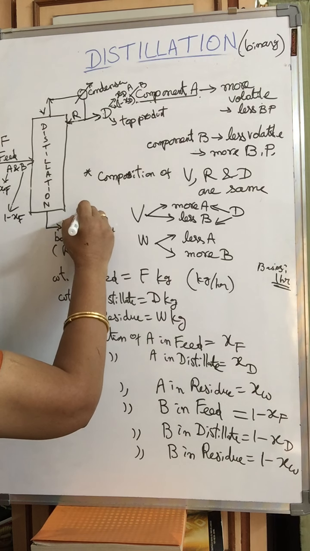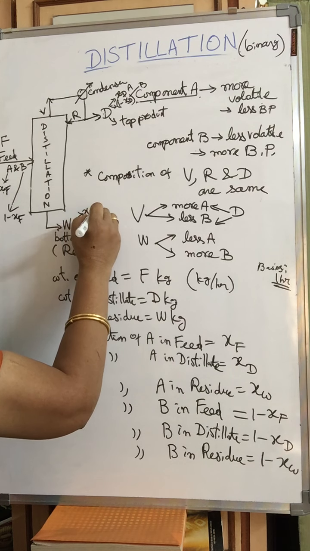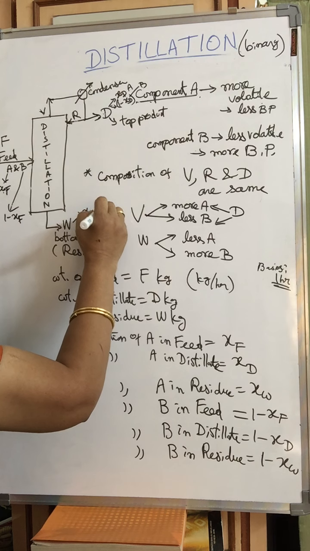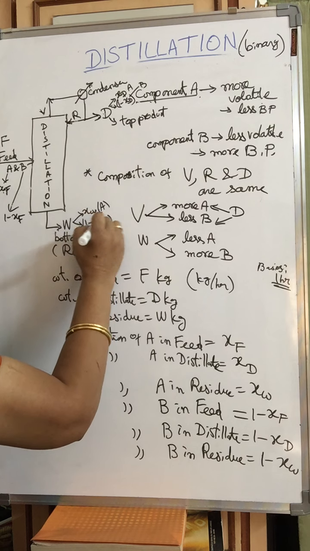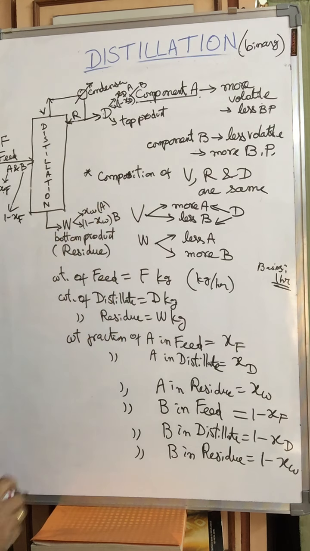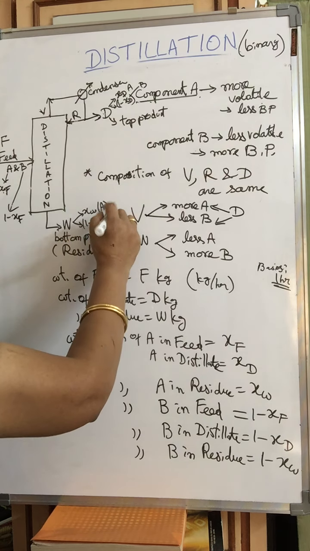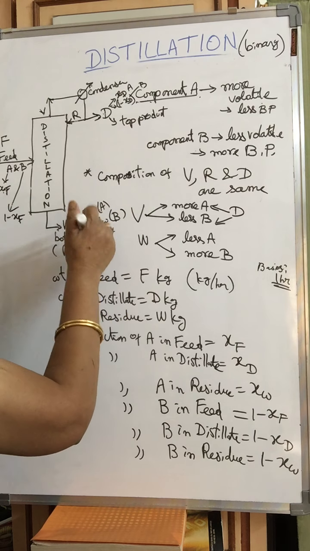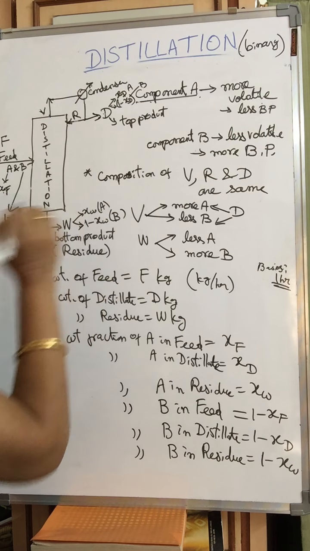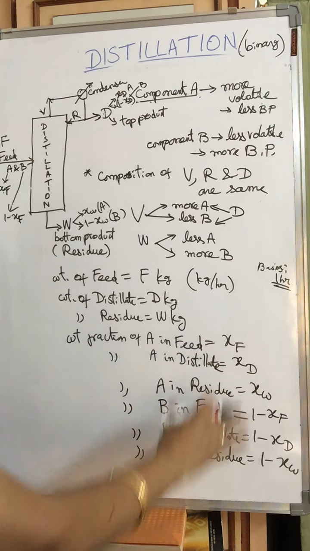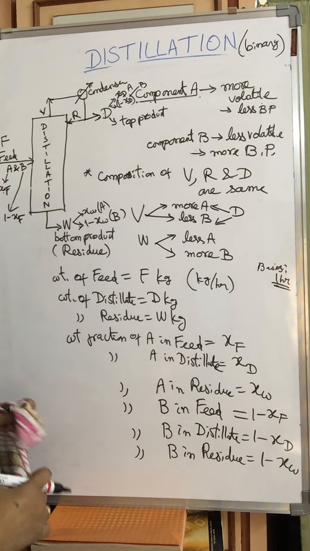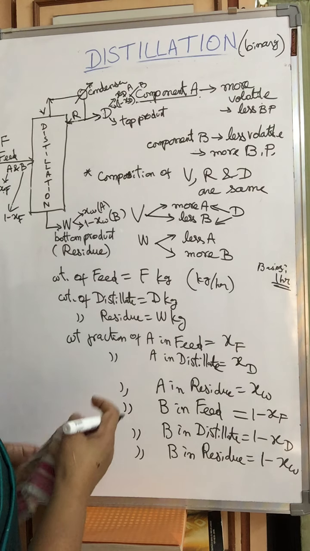So here XW is A. Therefore 1 minus XW is B. Okay. So this is the notation we are going to follow to write the material balances.